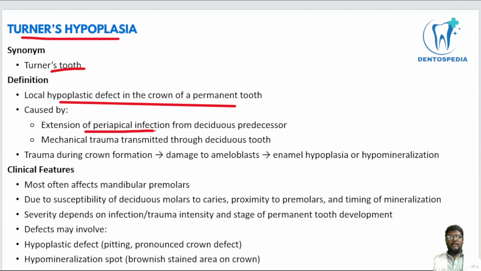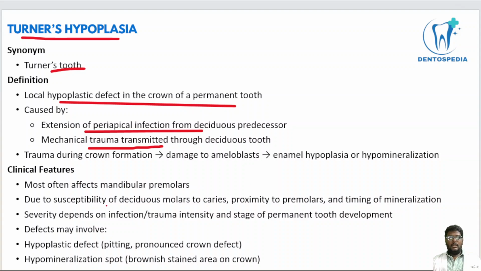Any extension of periapical inflammation or infection from the primary teeth that are not getting treated, and that inflammation can cause this kind of defect in the permanent tooth. If you neglect any periapical inflammation in the primary molar teeth, you can expect this kind of Turner's hypoplasia in permanent premolars. Also some theories suggest mechanical trauma can cause these kinds of defects.